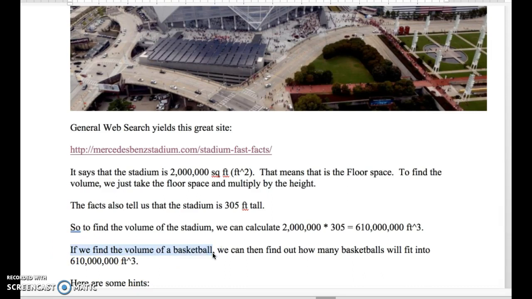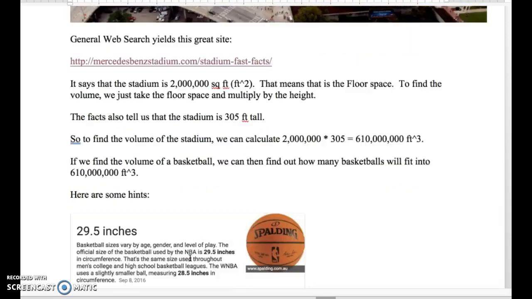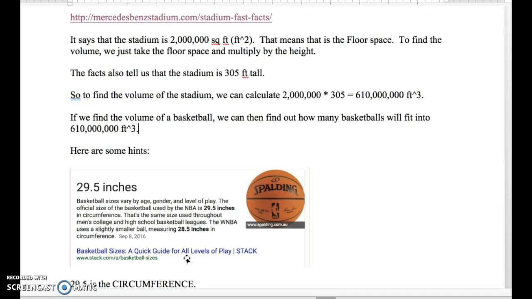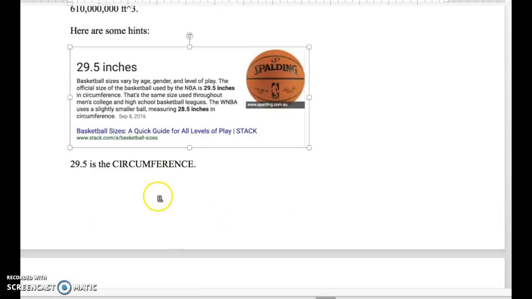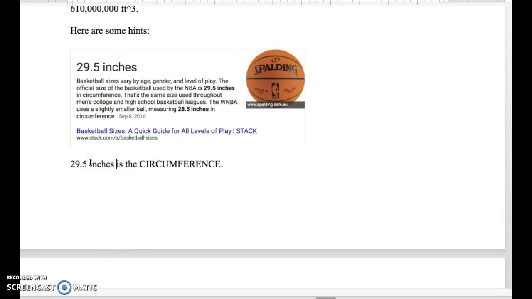We can just use the formula for the volume of a sphere, which is a ball. The only thing is, here's what I know. When I look up the size of an NBA basketball, I am given the circumference, 29.5 inches. There are two problems with that.